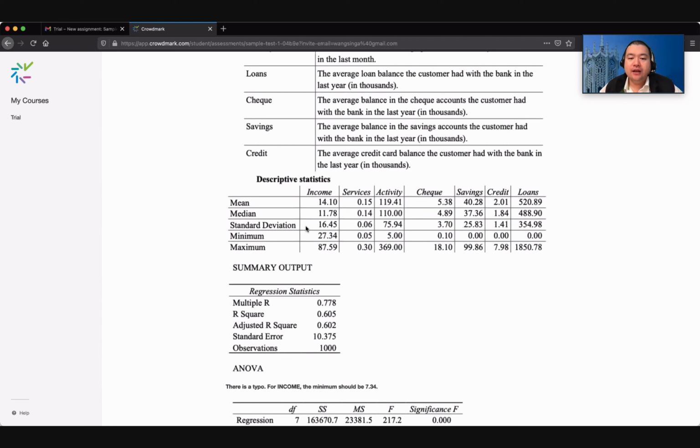So the standard deviation measures how one individual is different from another individual. This is really important. It's not like a standard error, because standard error shows how one sample is different from another sample.